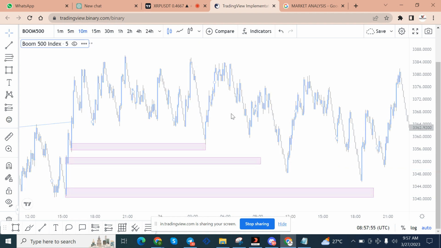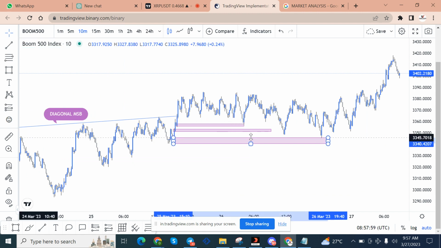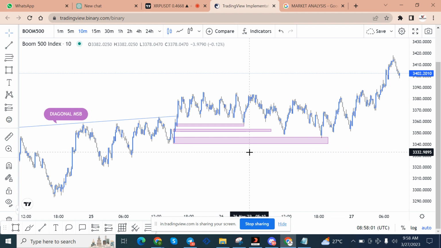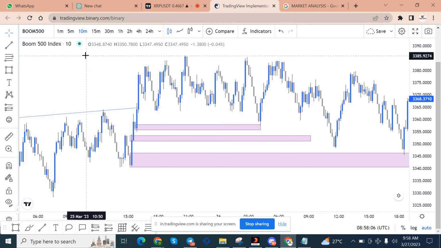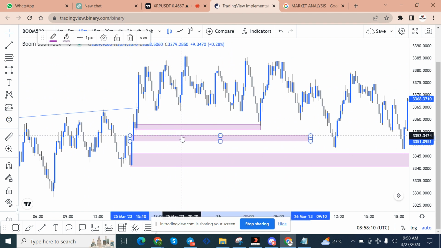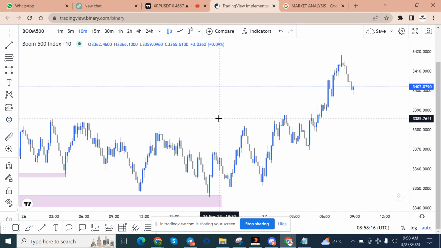Let's look at 10 minutes. If we had a proper order block at that point, if we look at this, you can see that it actually filled the order block. I just needed to be specific. Now, on 10 minutes, it's still fair to say that this was the inducement.